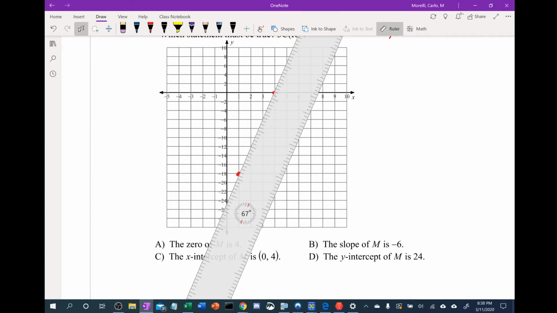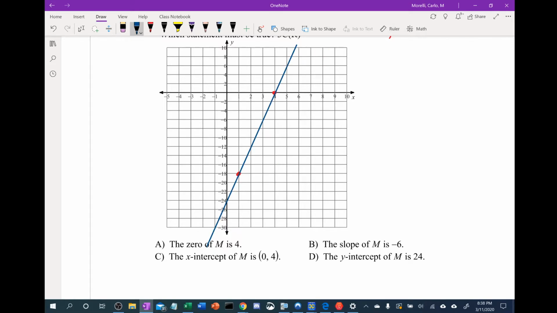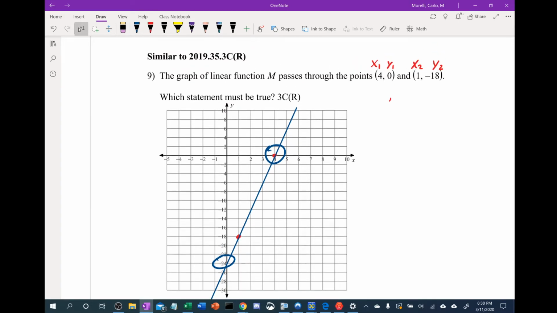Kind of. That'll work. Okay, so it appears to have a y-intercept of negative 24, an x-intercept of 4, and what's the slope? Let's see. I'll start here and go up.